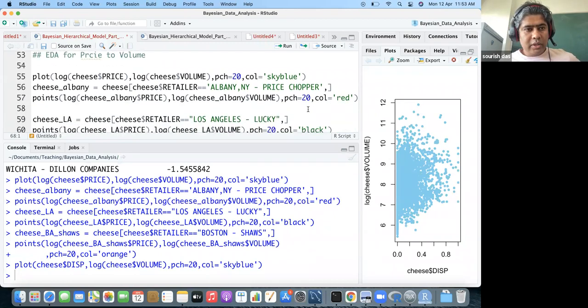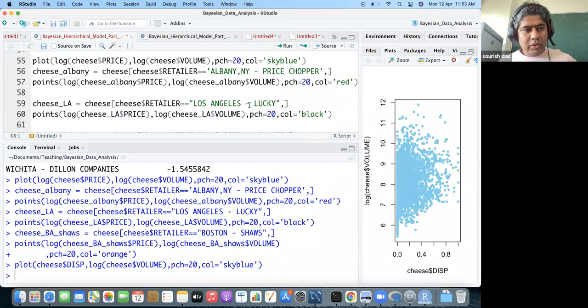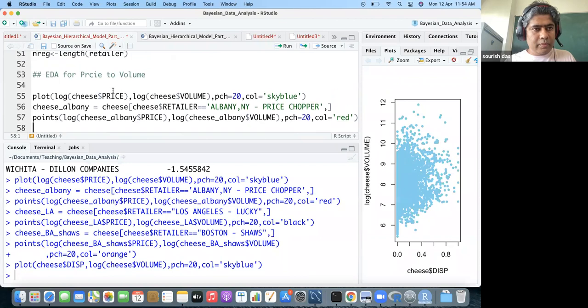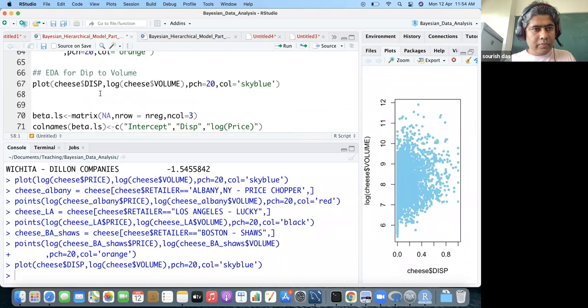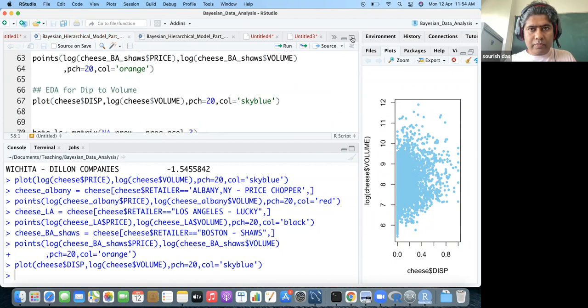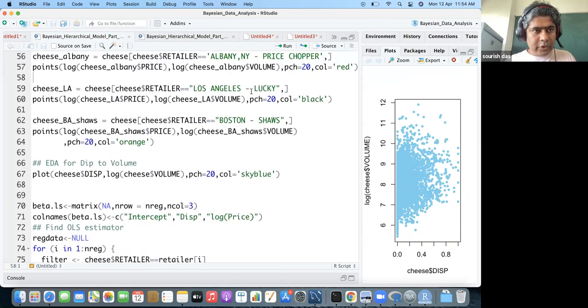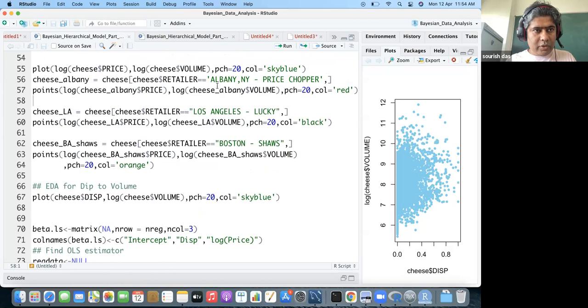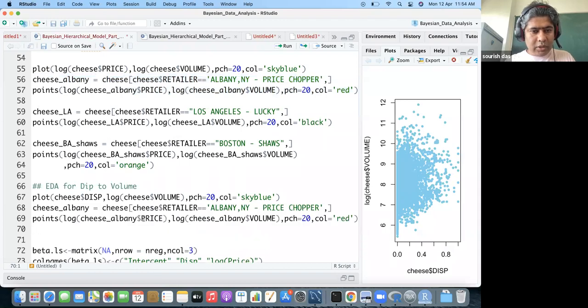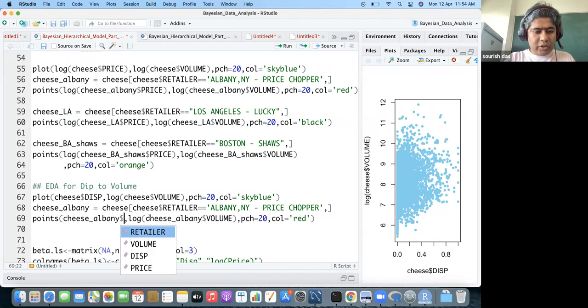Then we want cheese to Albany. We will say that instead of price, you just give me the display.